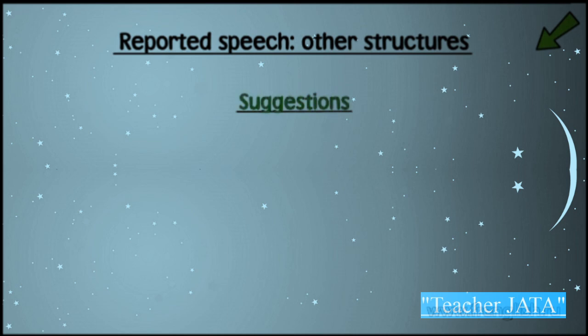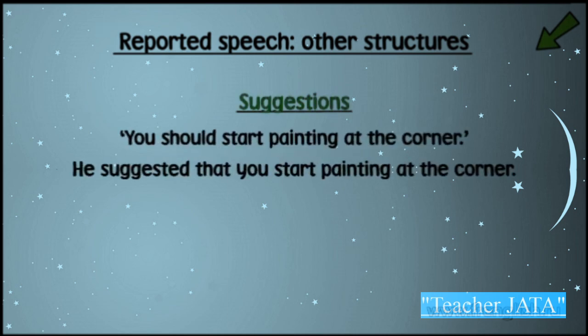To report a suggestion, we can use the reporting verb suggest. In a reported suggestion, the verb suggest is followed by that, plus the person that received the suggestion, and usually the present simple of the main verb.